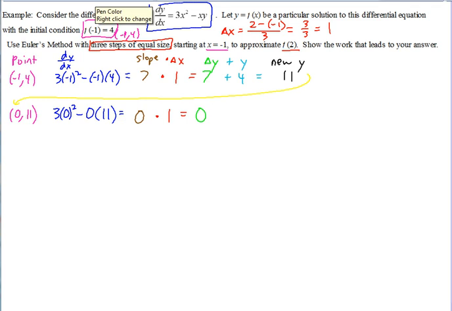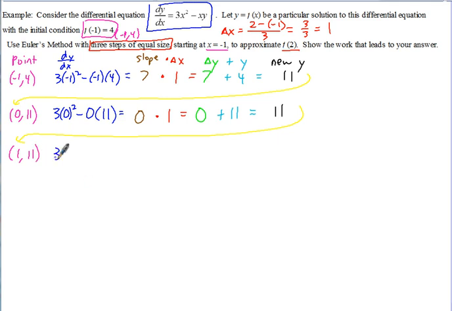Plus the y-coordinate was 11, gives you a new y-coordinate, here it happens to stay at 11. So we change the x-coordinate by 1, delta x, so now it's (1, 11).